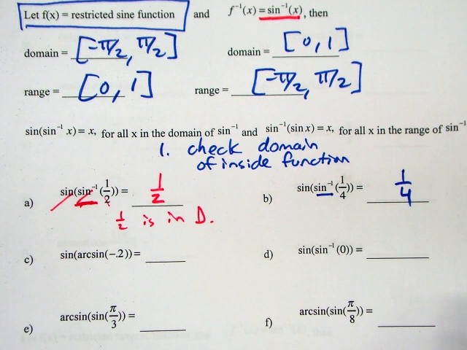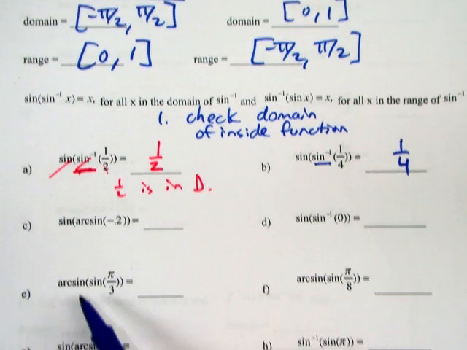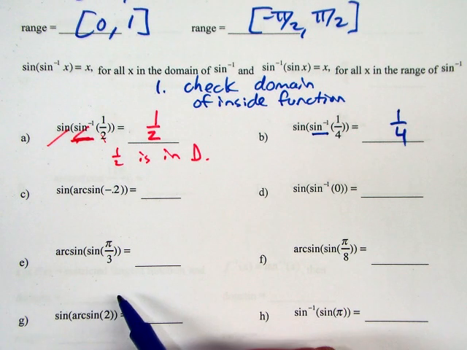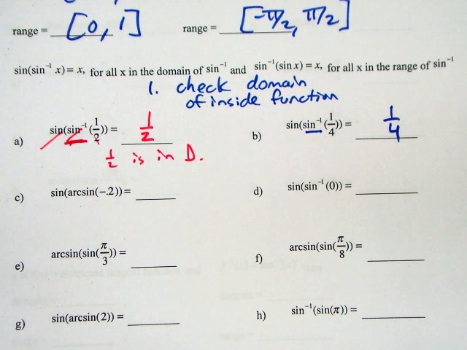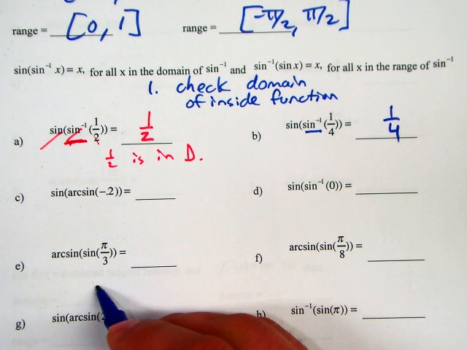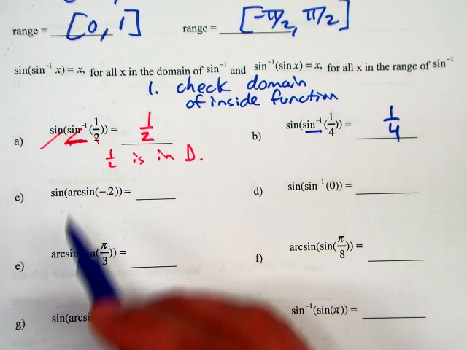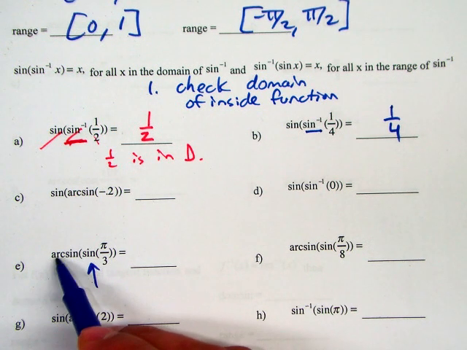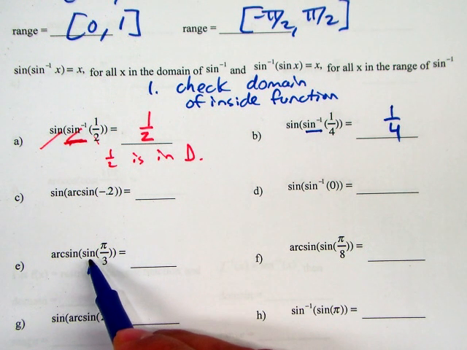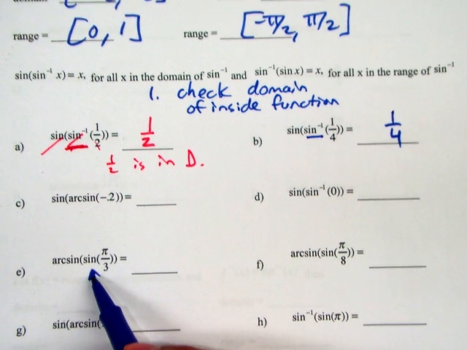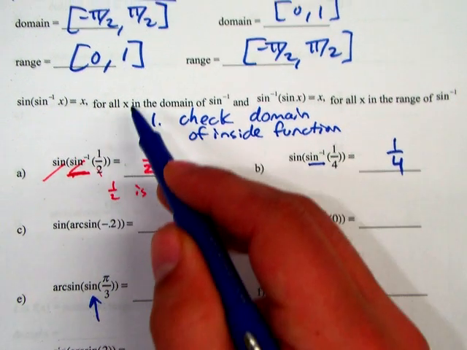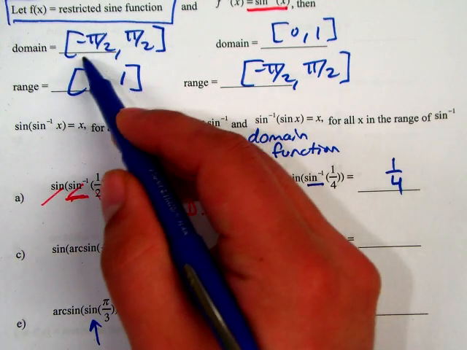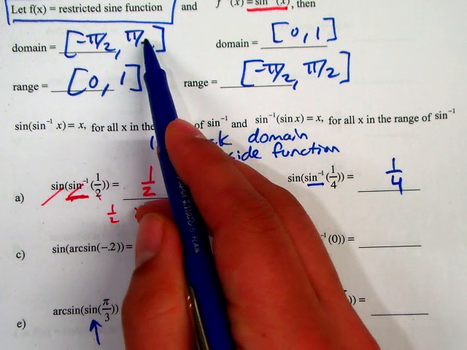Okay? Let's go down to E. Do a couple here. For these kinds of problems with compositions, if you don't see the arc or the inverse sine, so here we just have sine, we're always referring to the restricted sine function, where the domain is negative pi over 2 to pi over 2.